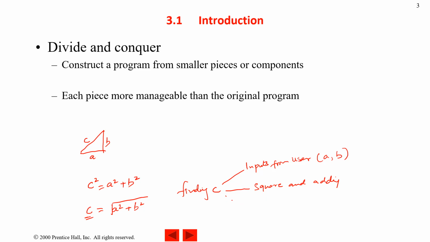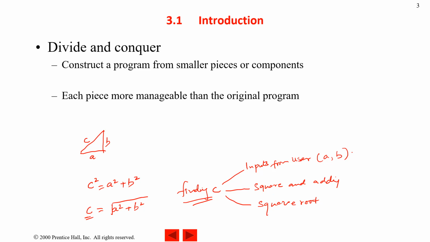And the third task can be finding the square root of the result. So now finding the value of C has been divided into 3 subtasks. First I have to take the input from the user, the values of A and B, then square them and add them, and finally take the square root of the resulting value.